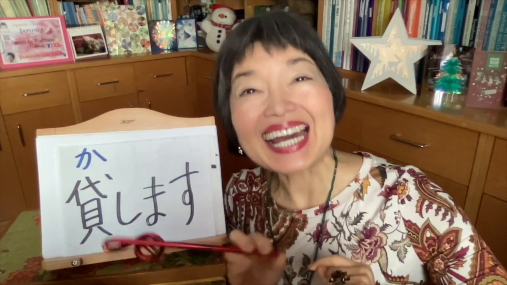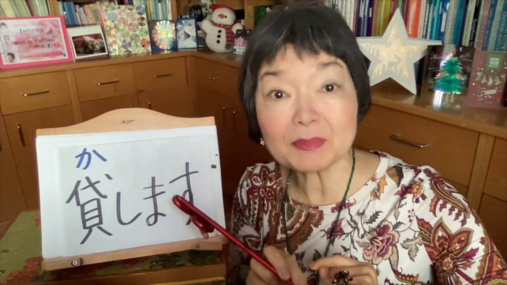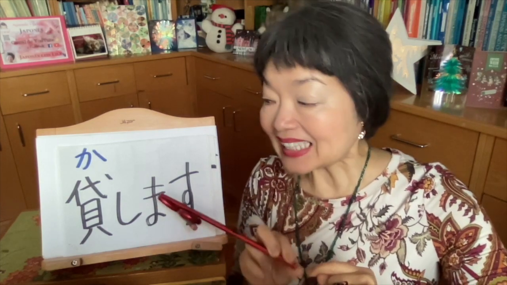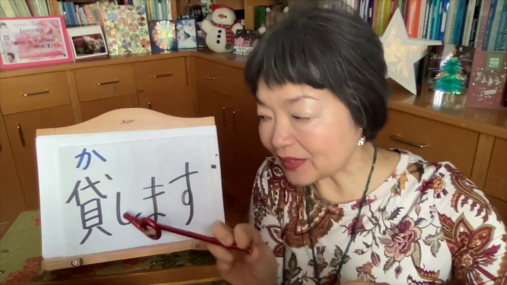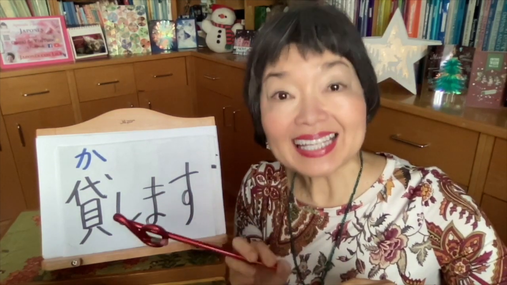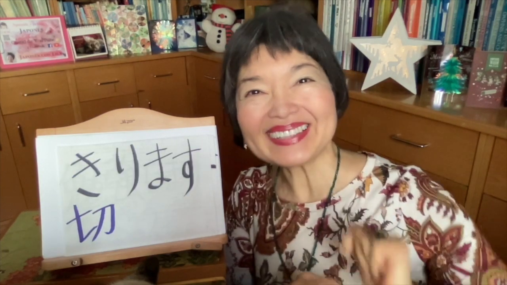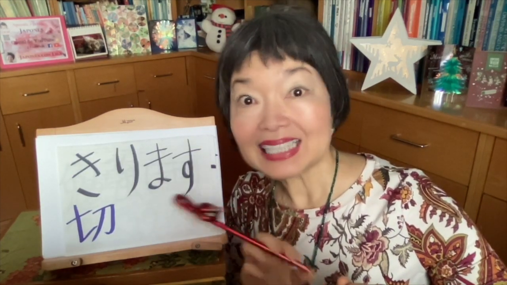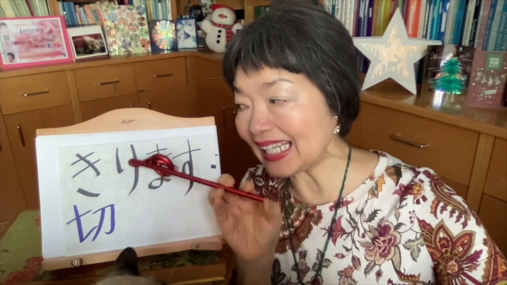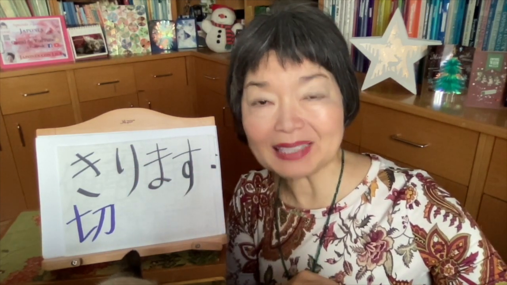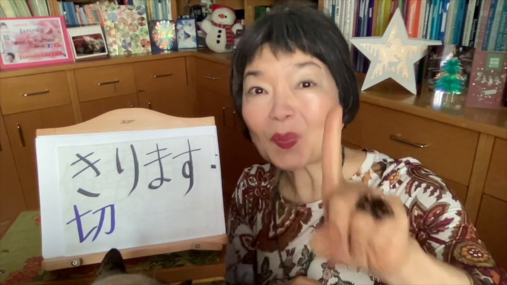Number 1. 貸します, which group? Well, 貸します means to lend. It finished with shi, so this is group 1: 貸して. 2番目、切ります. Which group? 切り, the sound is ri just before masu. This is group 1.